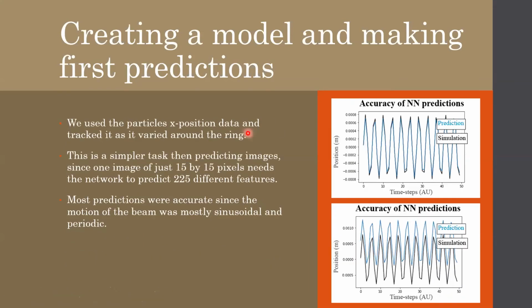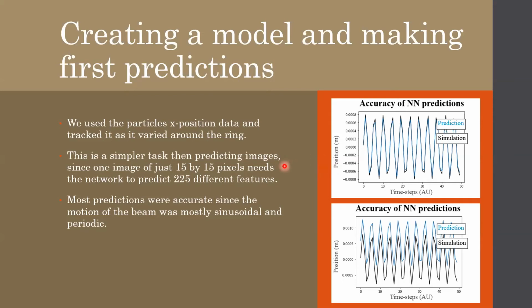The first step of our project was to predict just the X position of the data. So this means our neural network will predict only one feature, which is a really easy task for our neural network.